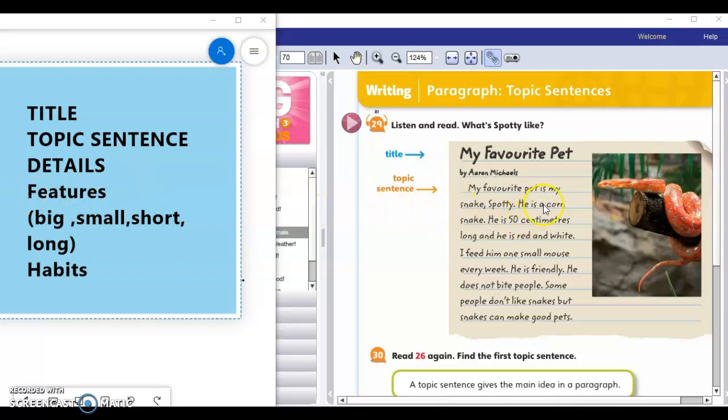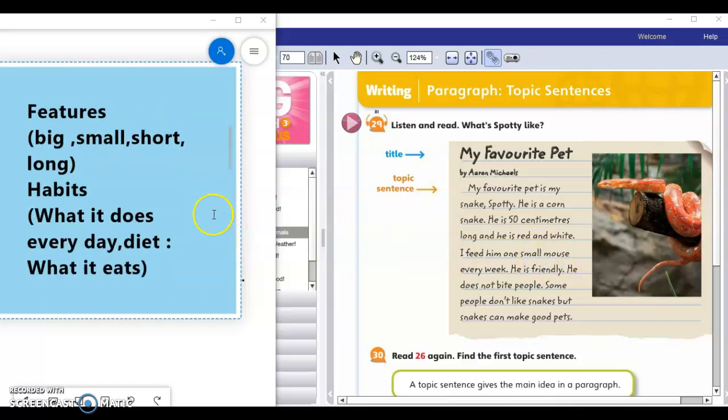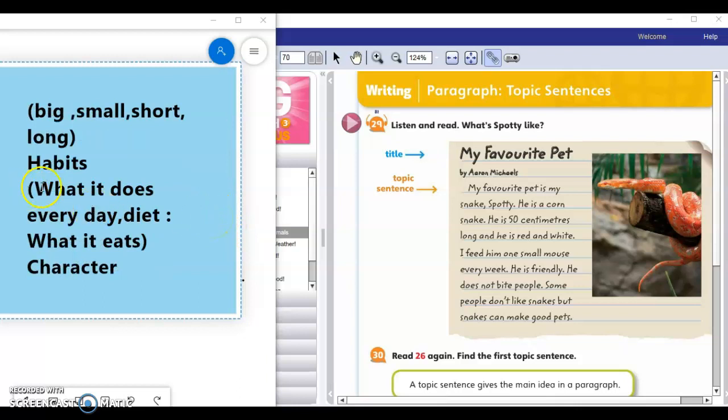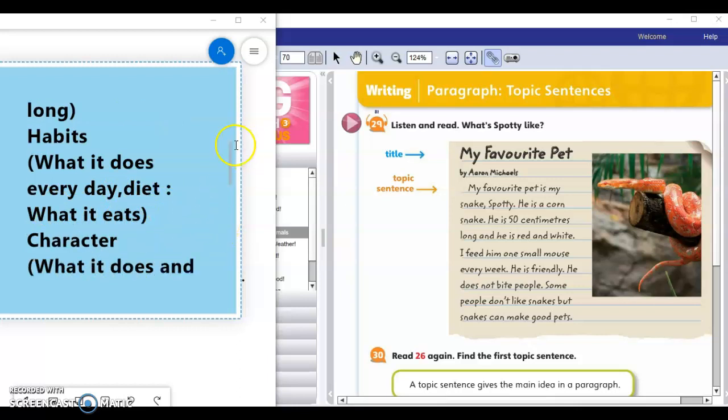So we can start with features. That means we can start by describing the animal, saying how big, small, short, long it is, or what color it is, or any other details that we want to add. Then we have habits, that is what it does every day, or its diet, that is what it eats every day.